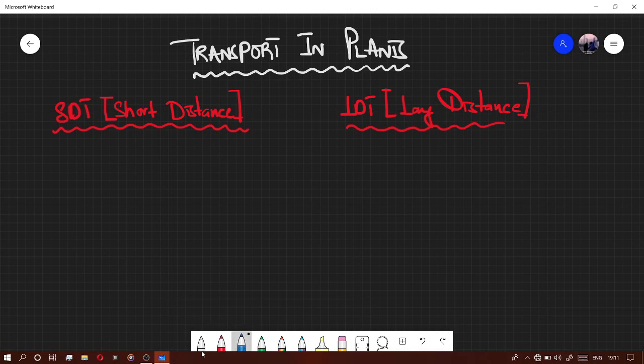So, what is short distance transport? Short distance transport basically occurs between one cell and the next one, or within one cell itself. Very well.